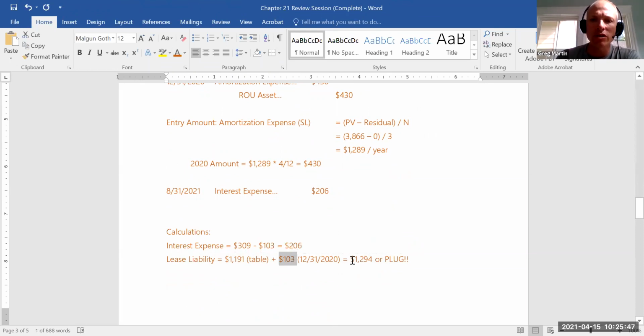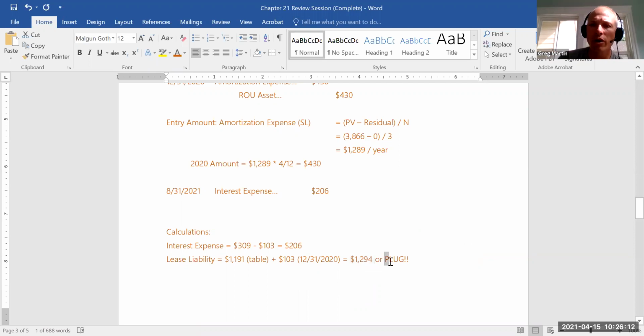And so that tells us that the total entry amount for the lease liability is $1,294. And that's true whether it's an operating lease or a finance lease. We have to pay attention to both the table amount and whether there's been any amount that's been accrued to the lease liability account since the last time we recorded amortization. And so in this case, that total amount is $1,294.